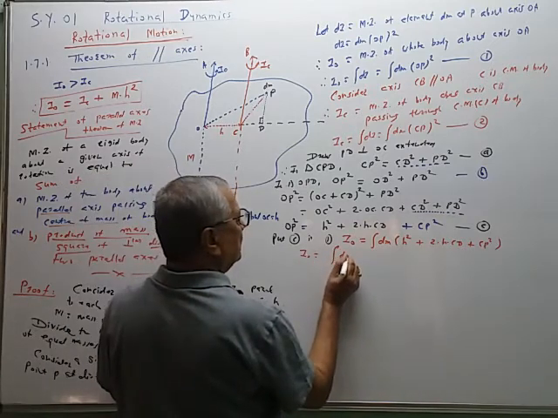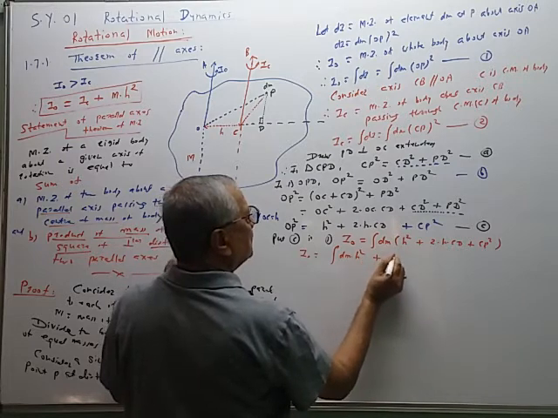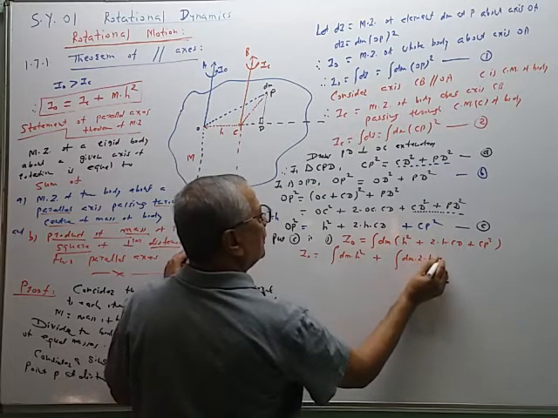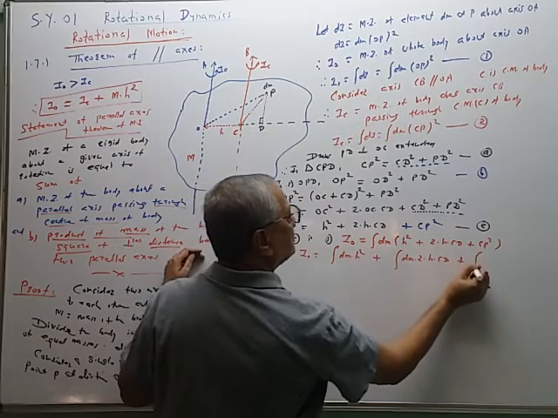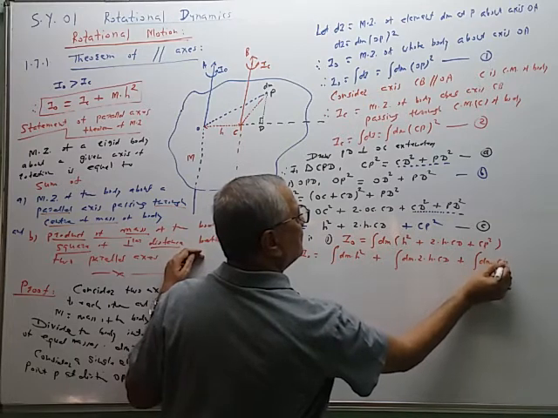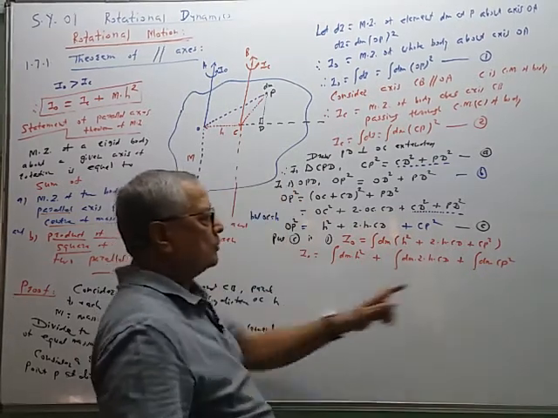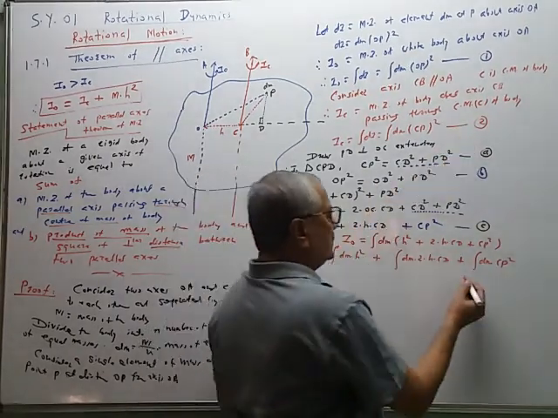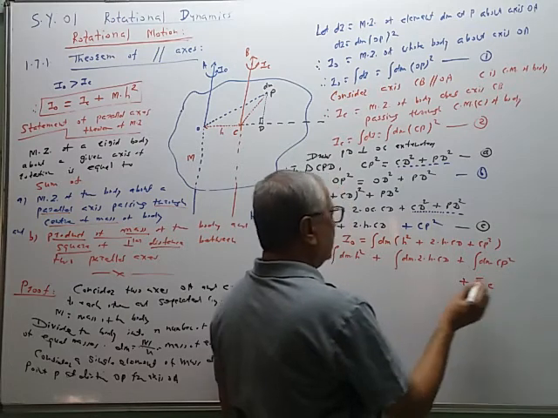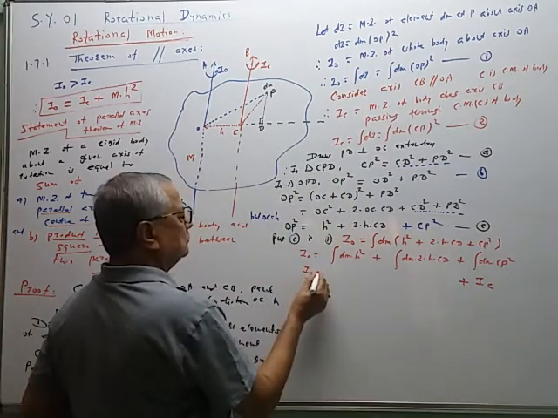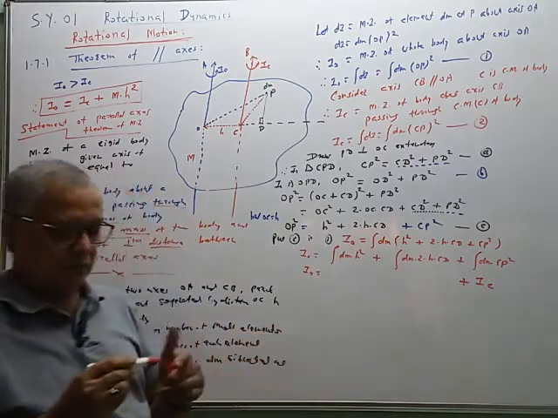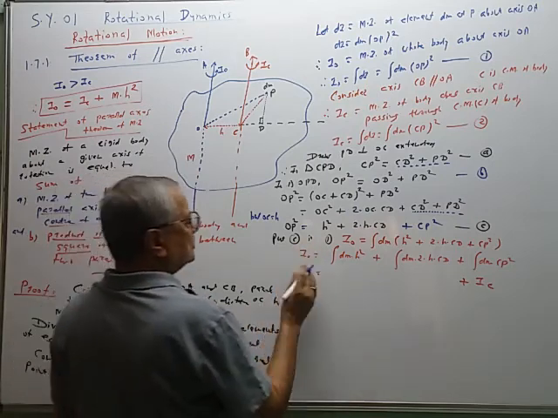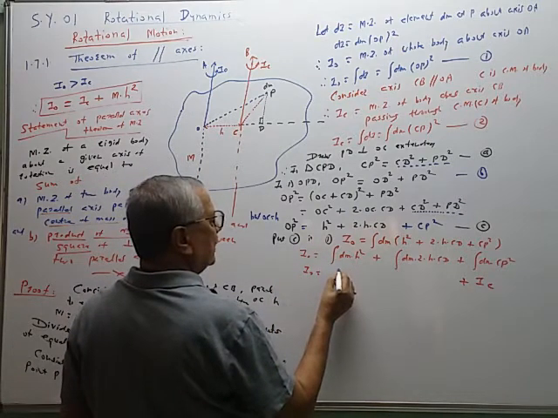First integration is dm into h square, the second integration is dm into 2 into h into CD, and the last integration is dm into CP square. But what is this? Integration of dm into CP square is equation 2. So this last term is IC. Now h is constant for given two axes.